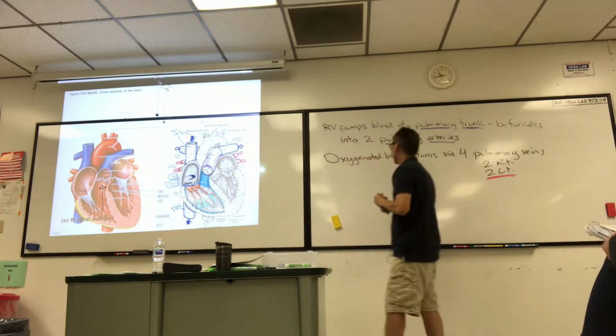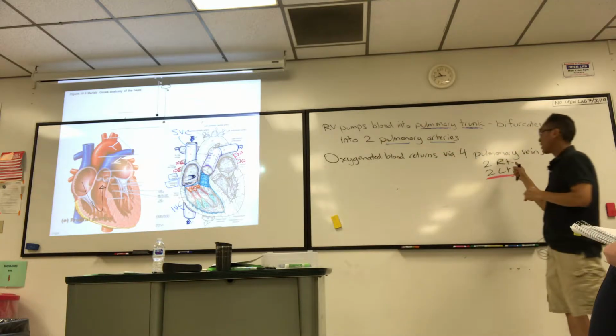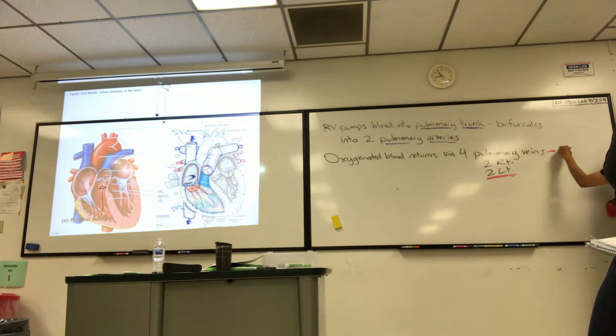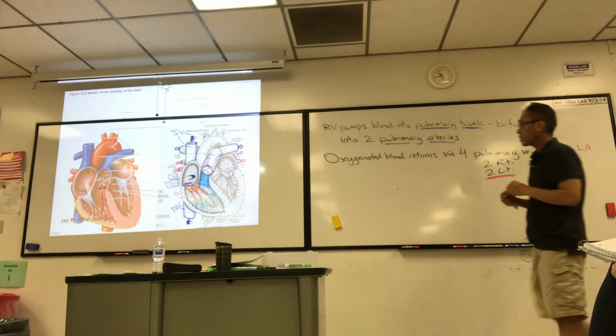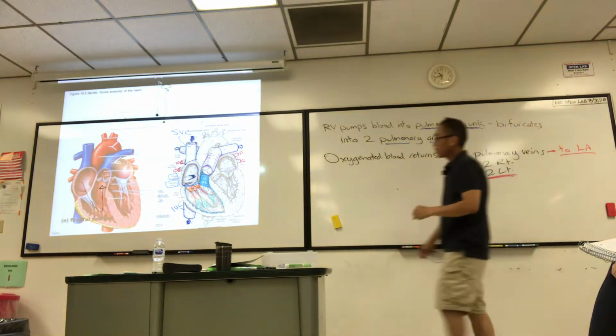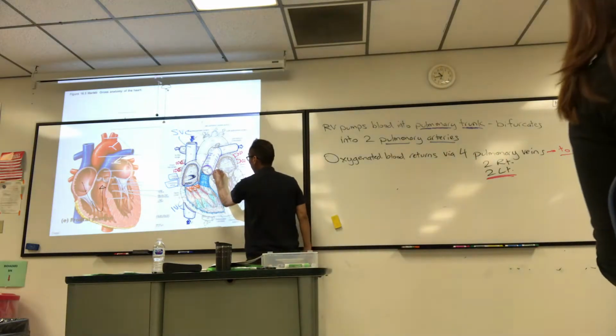Two on the right, 2 on the left, pulmonary veins, and they're returning blood to which chamber of the heart? To LA. Okay, so that's where we are now. So the LA, I'll kind of trace it out in red here. On this picture, it's kind of like this.